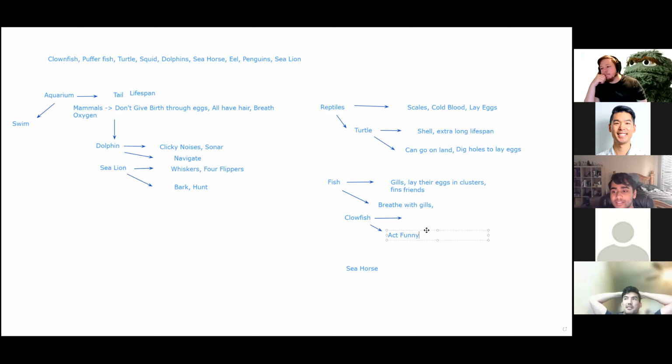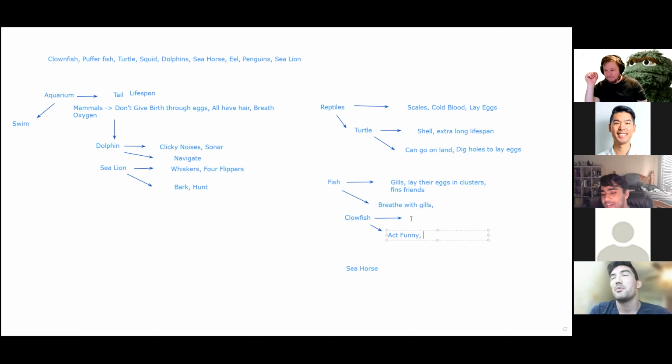Like poison resistance? Sorry, what did you say? Poison resistance to the sea anemones. Do we think that's a property, or is that a method? It's technically a property, but I guess it could be looked at as a verb as well, to resist poison.